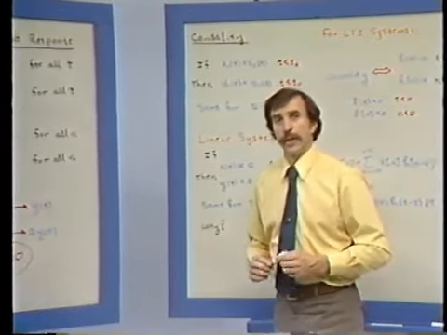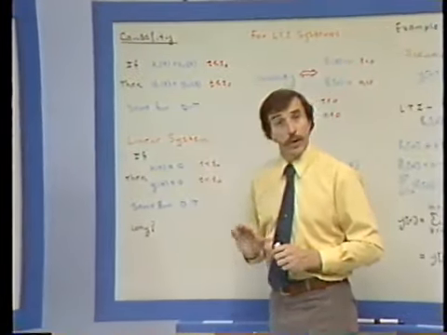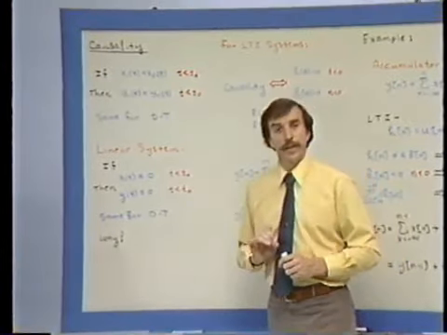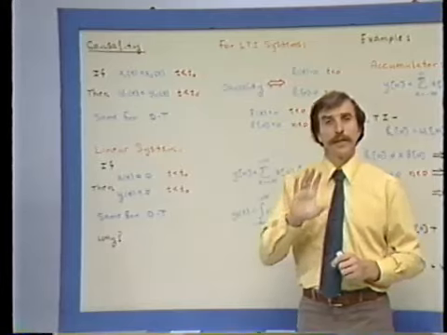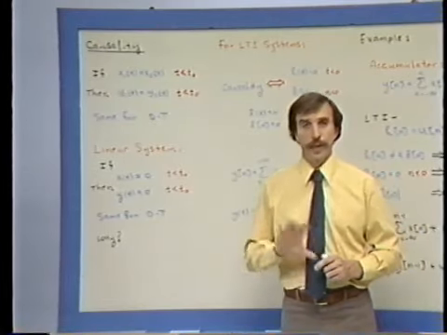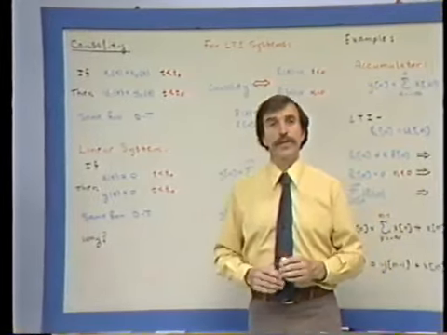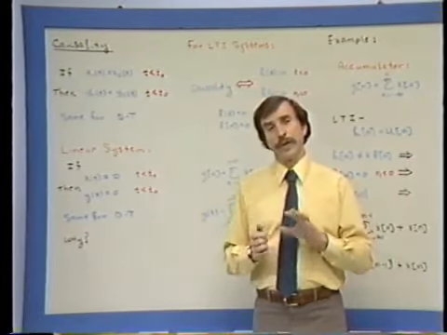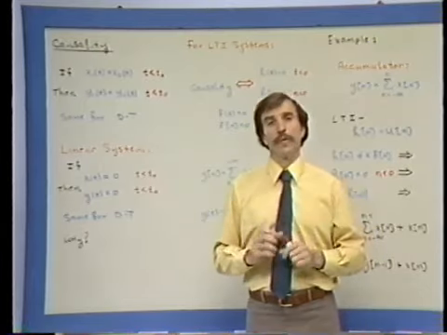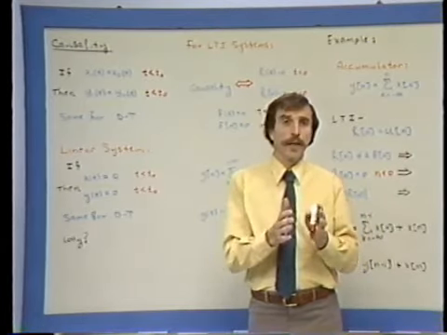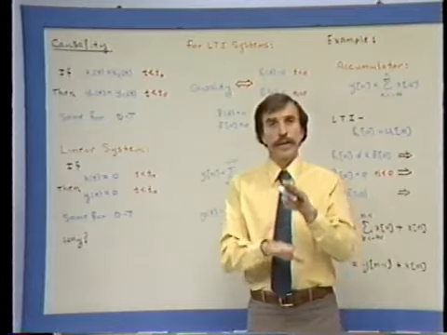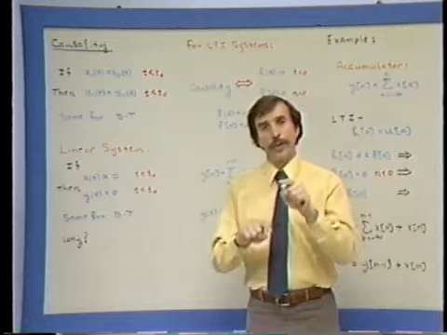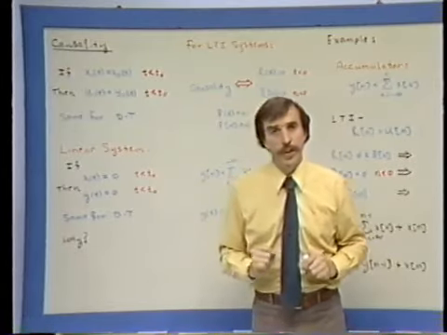All right, well, now let's see what this means for causality. To remind you, causality says, in effect, that the system can't anticipate the input. That's what basically causality means. When we talked about it previously, we defined it in a variety of ways, one of which was the statement that if two inputs are identical up until some time, then the outputs must be identical up until the same time.